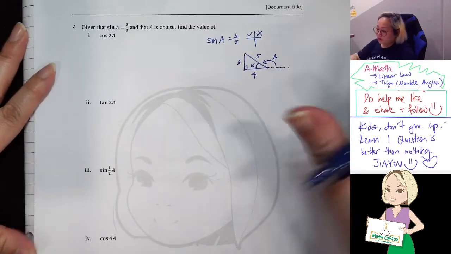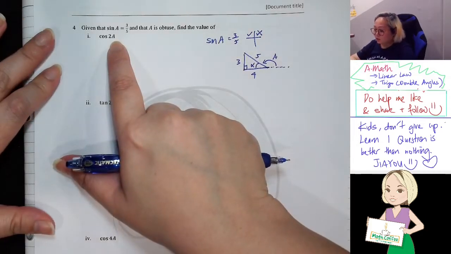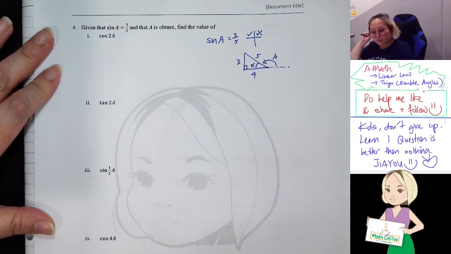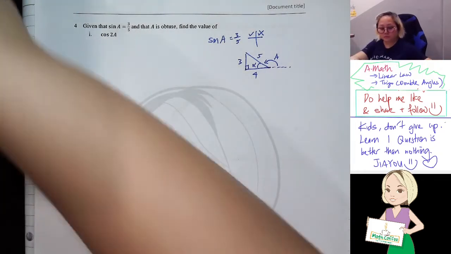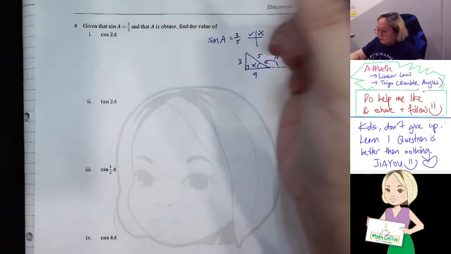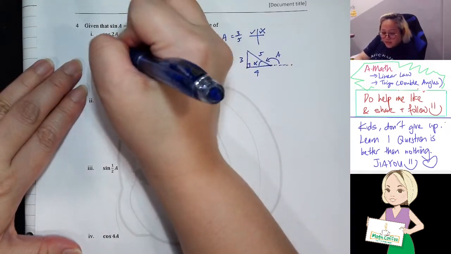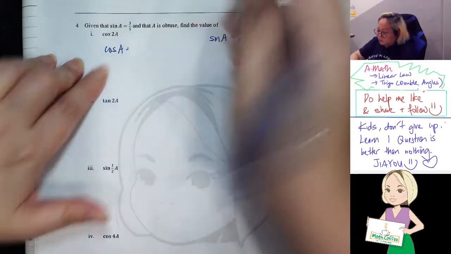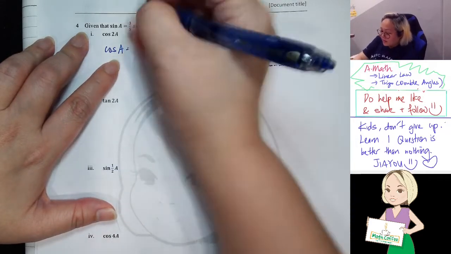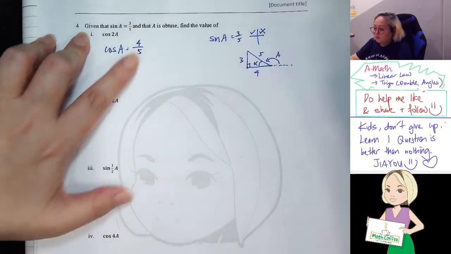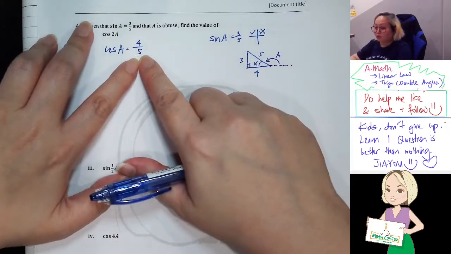So now we can go and find out, okay, I want cosine 2A. Cosine 2A means I need to use my double angle formula. Right? So let's find my cosine A first. Cosine A using this triangle, I will have 4 over 5. Take note, kids. Remember, always check whether you need to put minus or not.